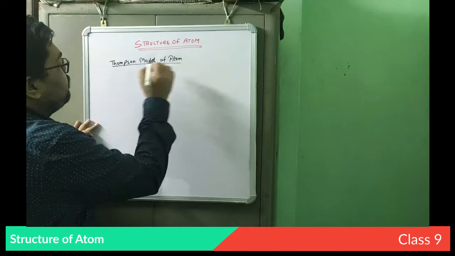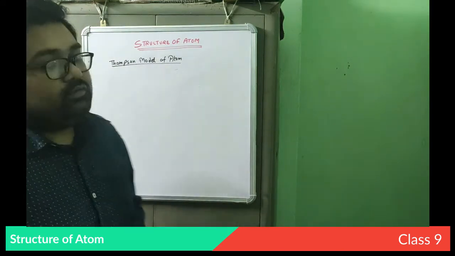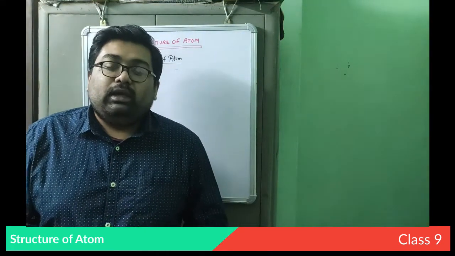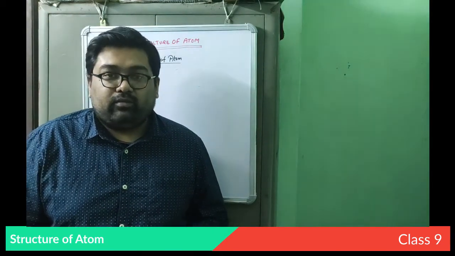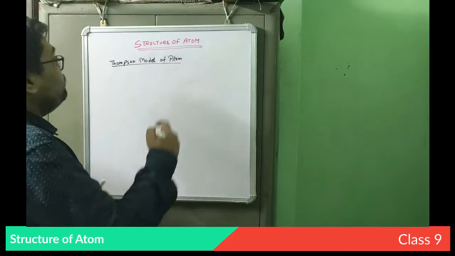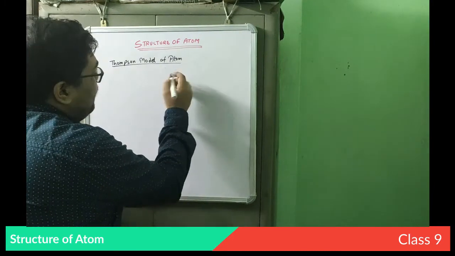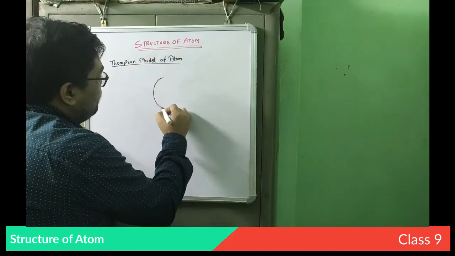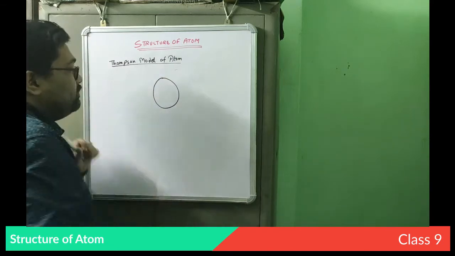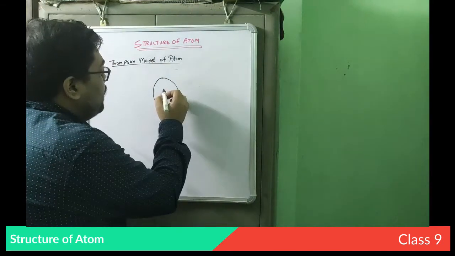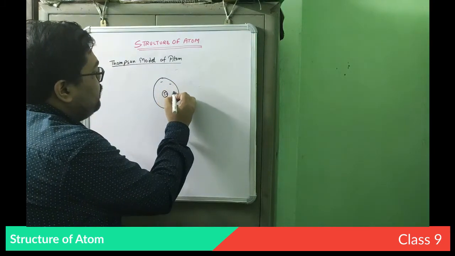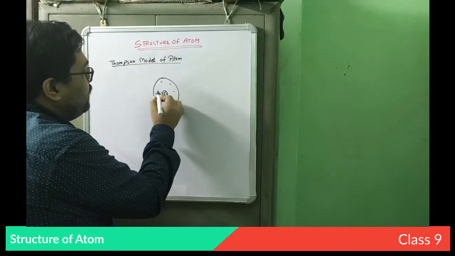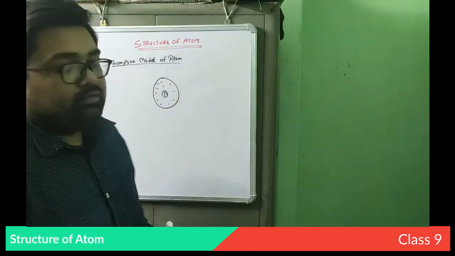Thomson proposed the structure of the atom like this: he considered it as a sphere containing a positively charged center, with the negatively charged electrons embedded in this sphere.